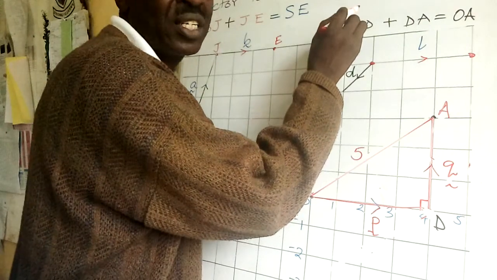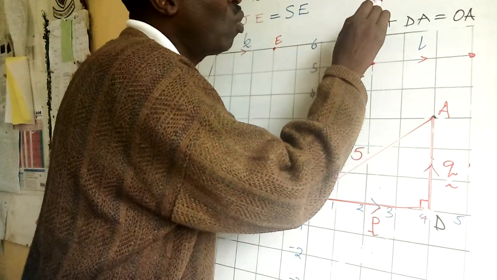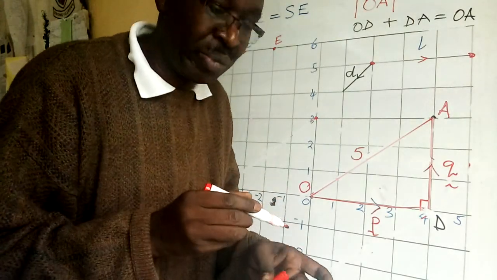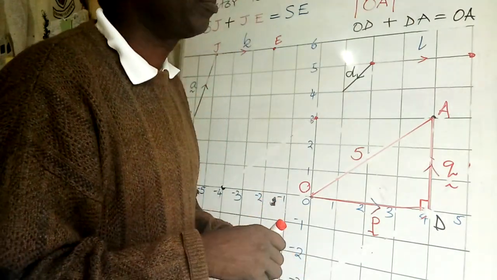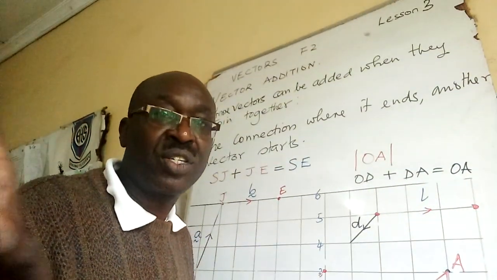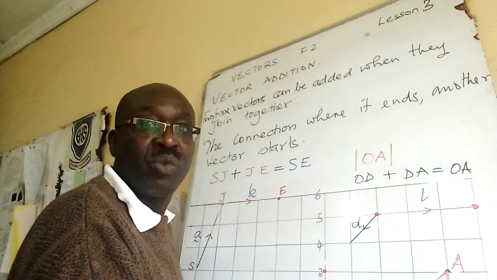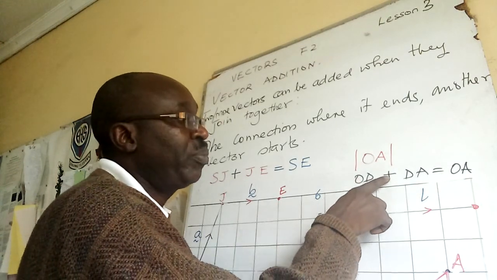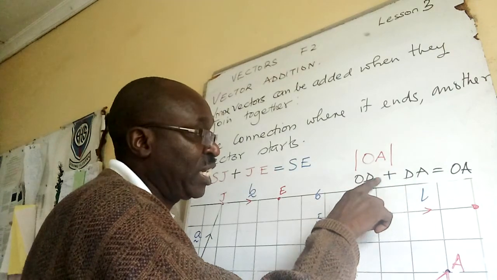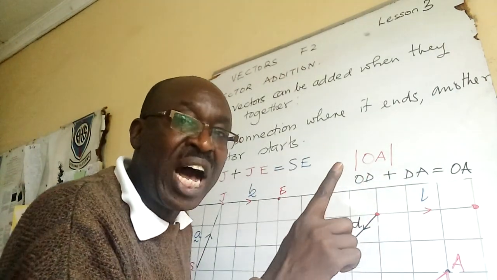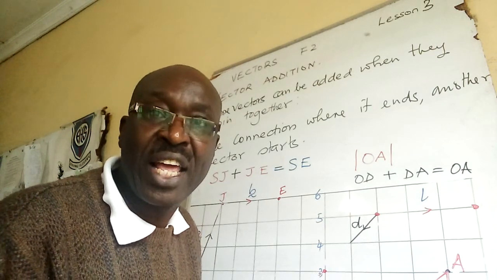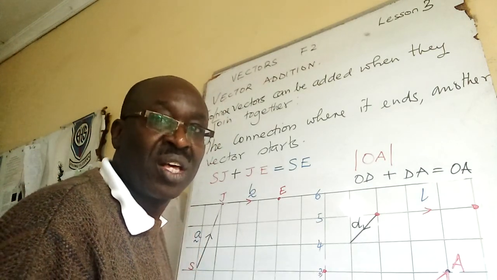So if I'm asked, what is OA? It is written like that mathematically. Modulus. So the movement I've done, OD plus DA, is equal to OA. That is vector addition. But if I'm asked, what is the size of vector OA? The length.